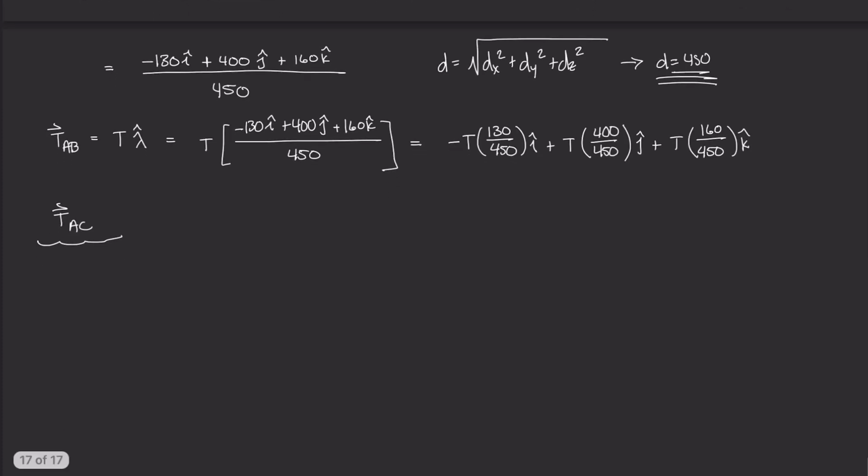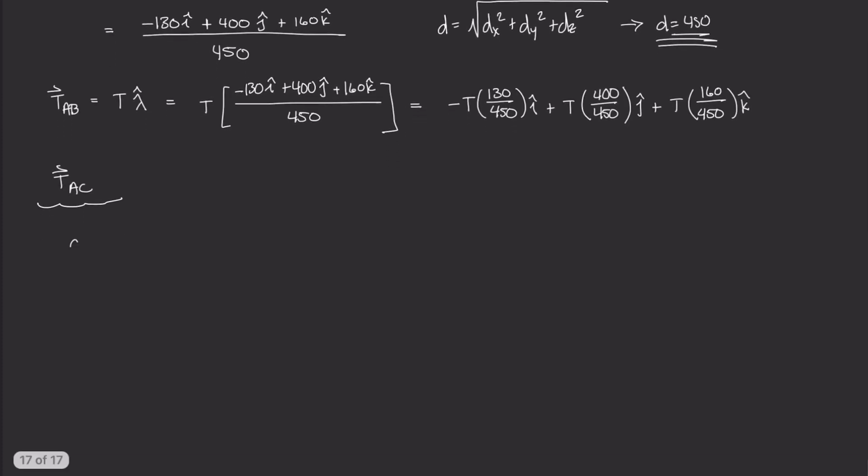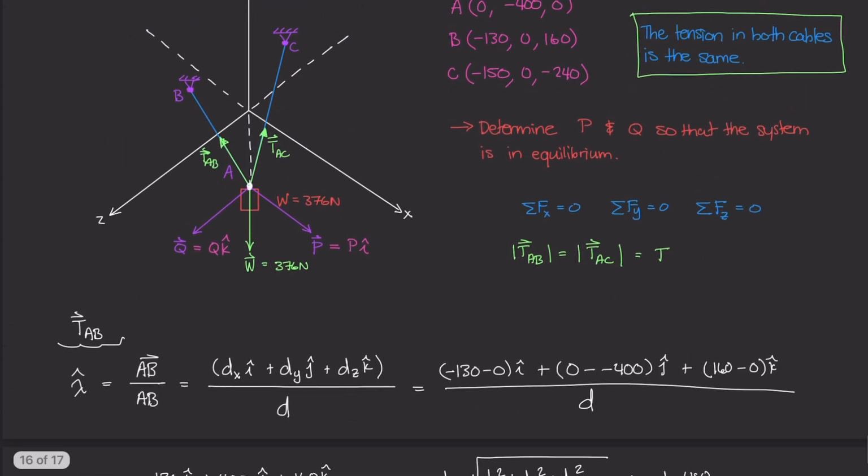Now for TAC, we're going to do the same thing where we need to figure out what our lambda is for TAC. In this case, TAC starts at point A and it ends at point C. And so the vector that we're going to look at is going to be the same vector along the line of action for tension of AC.